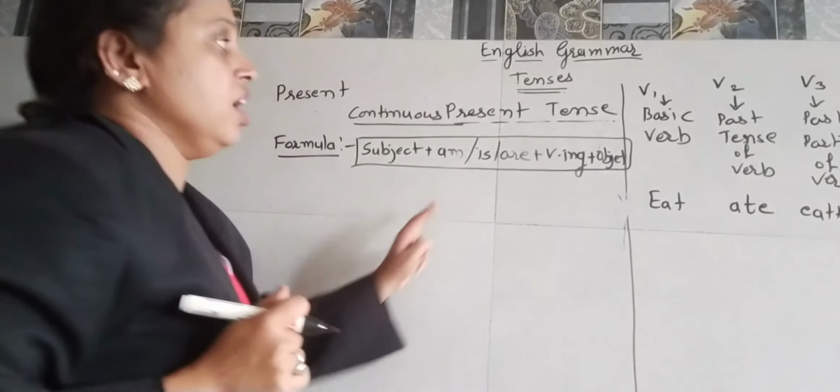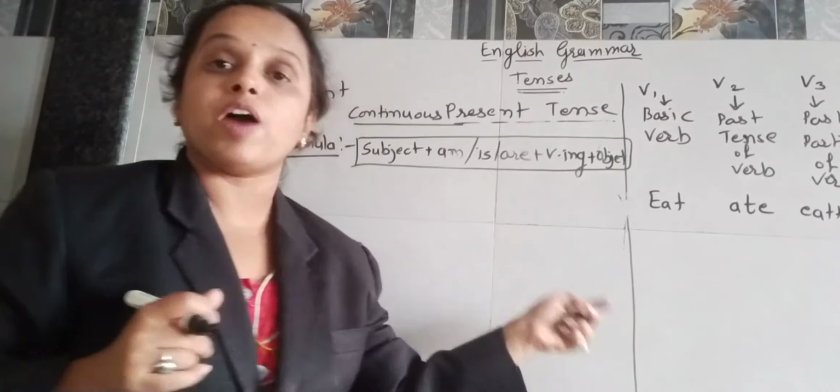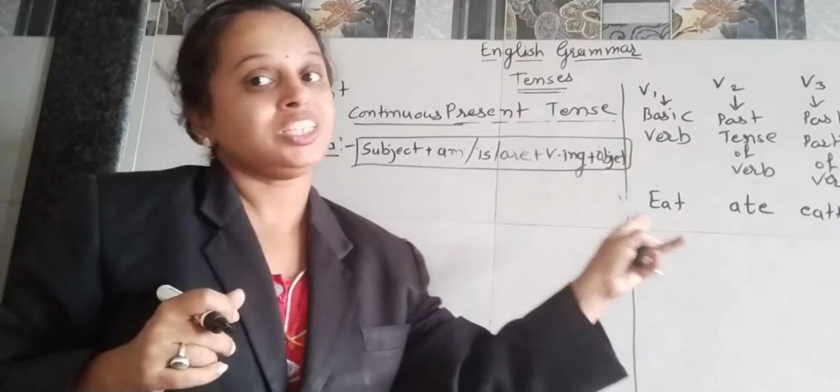This will be the formula. Am, is, are are the supporting verbs we use while writing the present continuous tense.